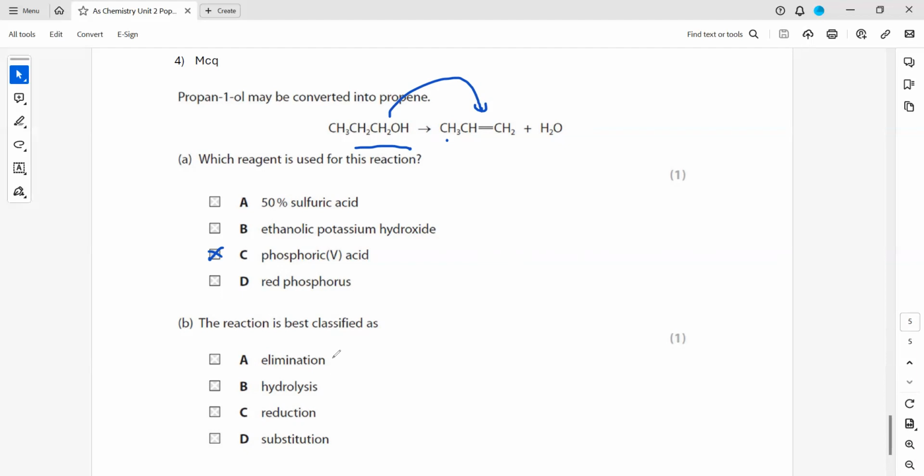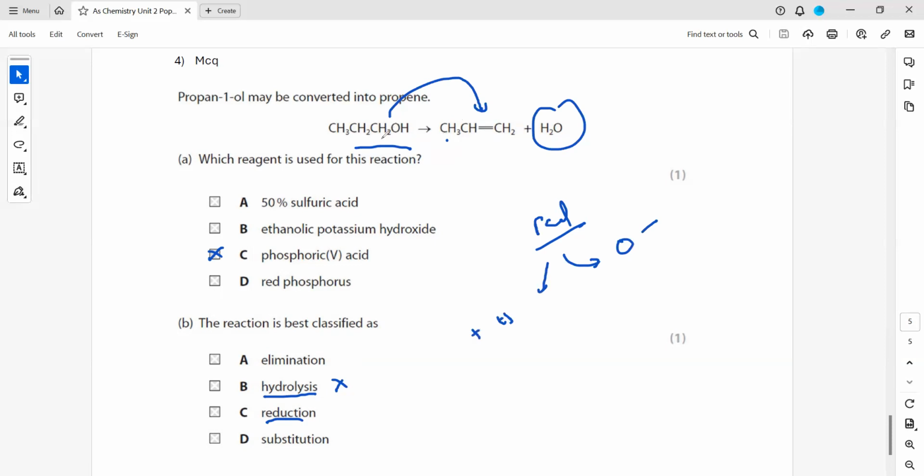The water elimination. Look, hydrolysis means if water is a reactant, then it is hydrolysis. But water is not a reactant; it's a product. Reduction means removal of oxygen or addition of hydrogen. But here both H and OH are being removed. Oxidation is addition of oxygen, reduction is removal of oxygen or addition of hydrogen.